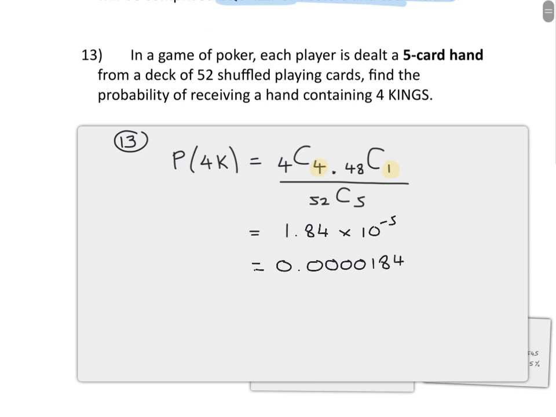And we're going to move the decimal place along 2 to get the percentage. It equals 0.0018%. So basically, you've got a very small chance of getting 4 kings in a game of poker.